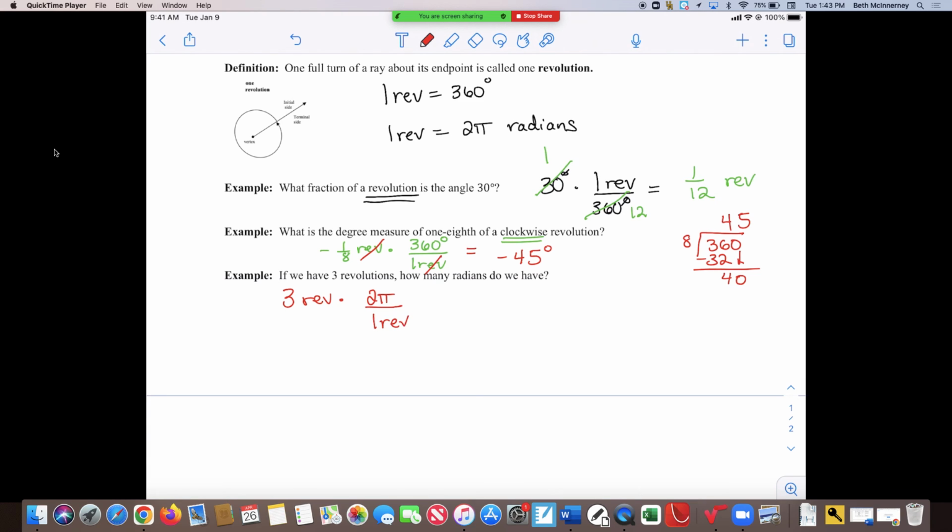You got it. I start with 3 revolutions, so I need to cancel the revolutions. So I'm going to cross those out, and I'm just going to get 6 pi. You can write radians or not write radians. It will be implied that those are, in fact, radians.